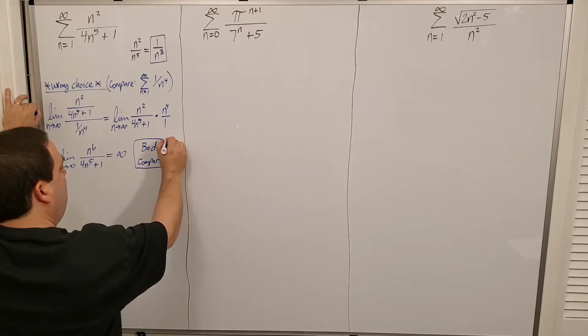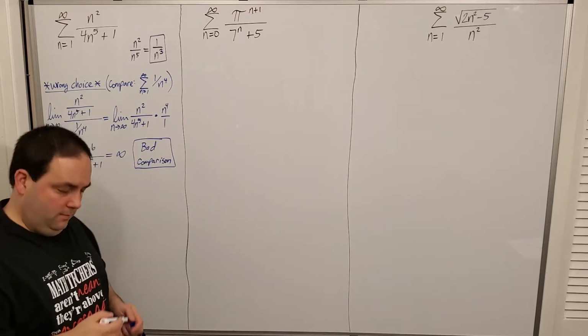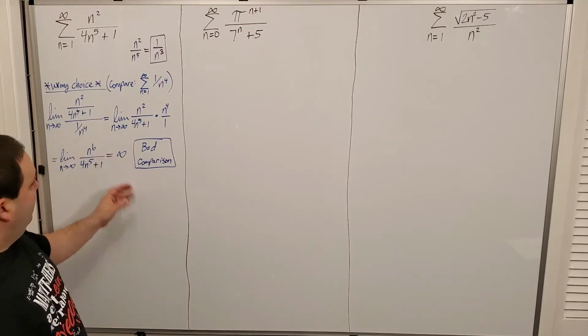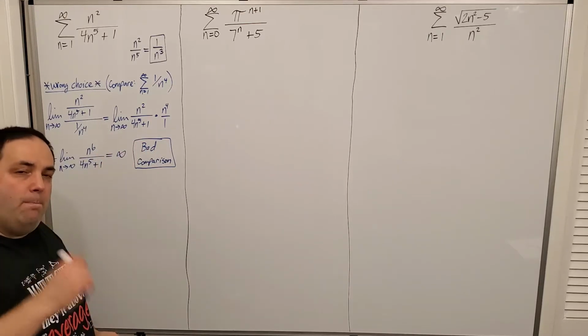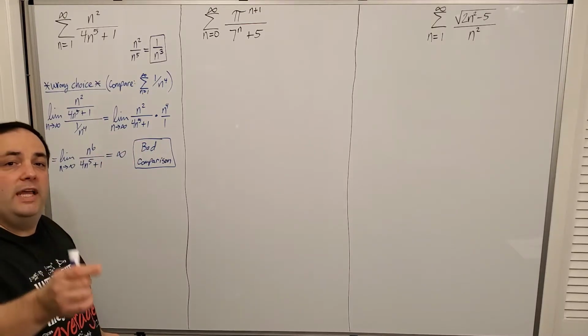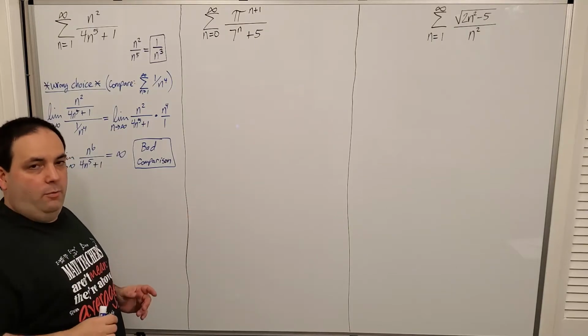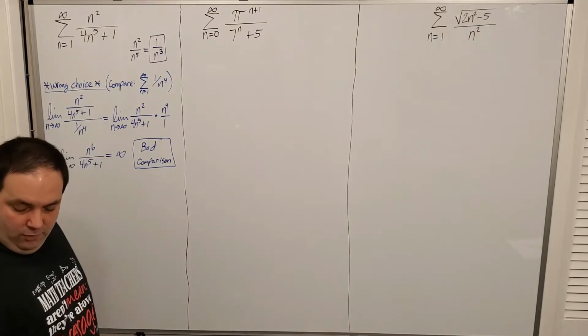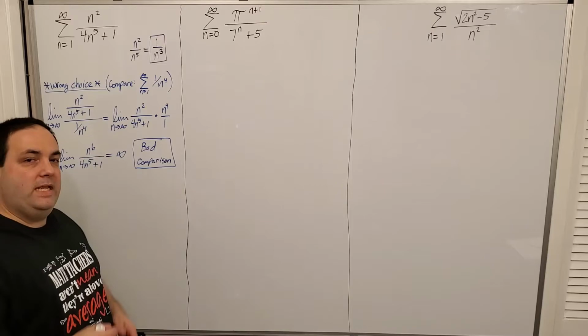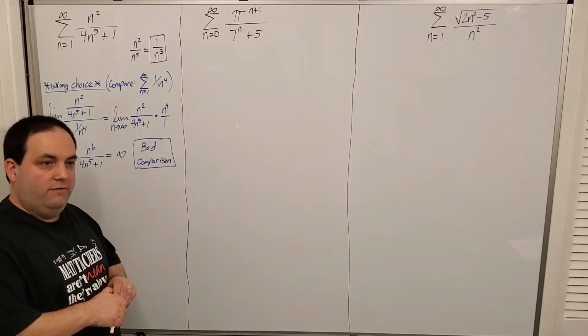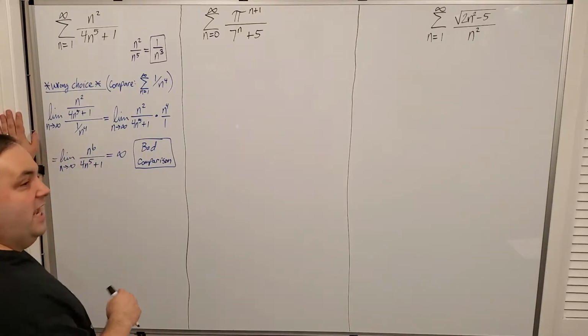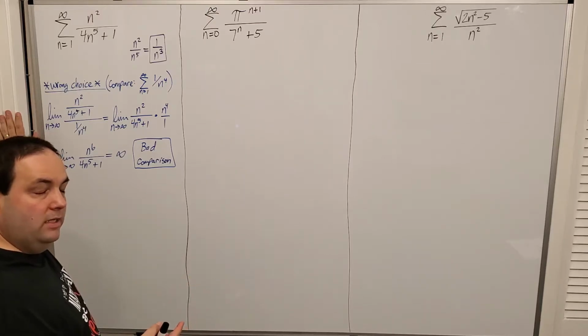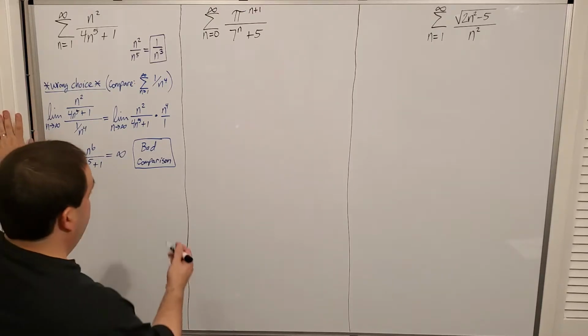If you get 0 or infinity or undefined from your limit, then all it means is you had a bad comparison. Try again, or try another method. Okay? If you're getting something like that, that's all it means. It doesn't mean diverge or converge. It means that your test failed, and you don't have any information.